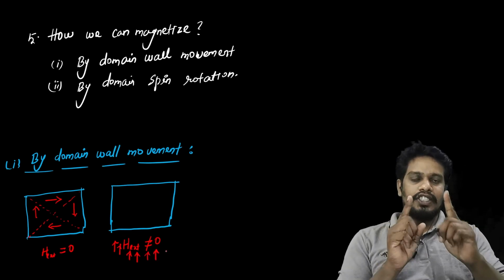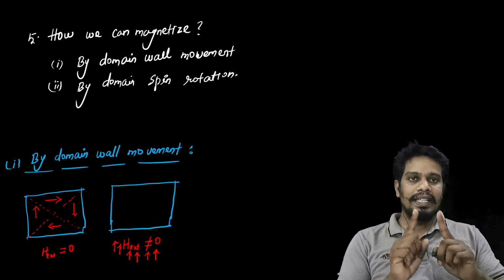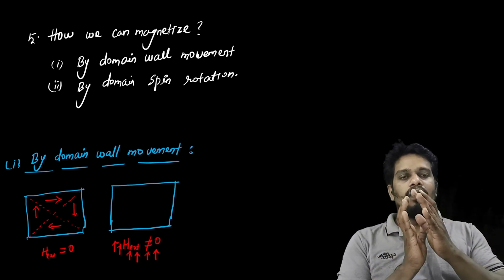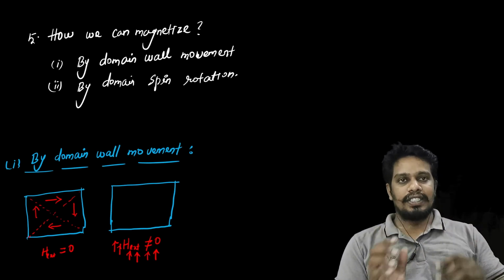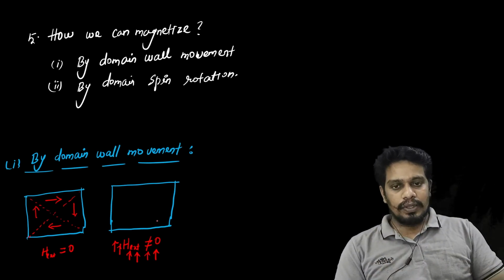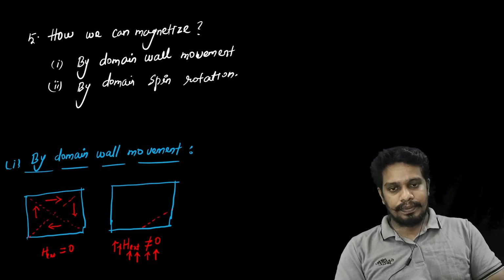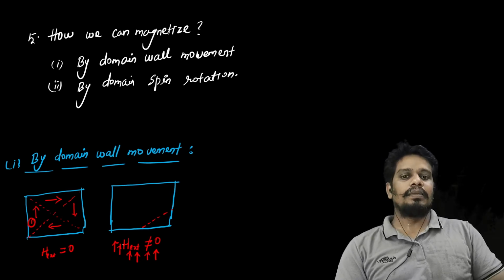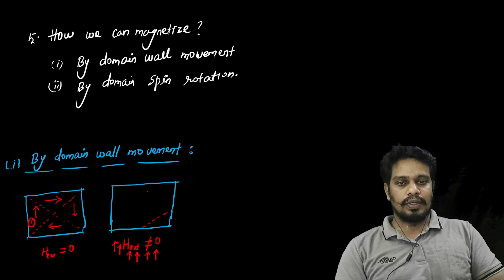The domain whose spins are parallel to the external magnetic field, that domain will be enlarged, its wall will move. If I look at the first domain, all its spins are parallel to the external magnetic field, so that wall will try to move.